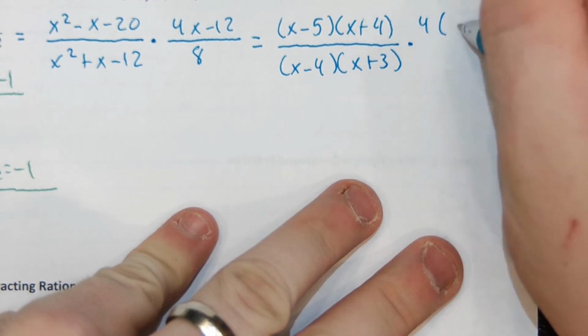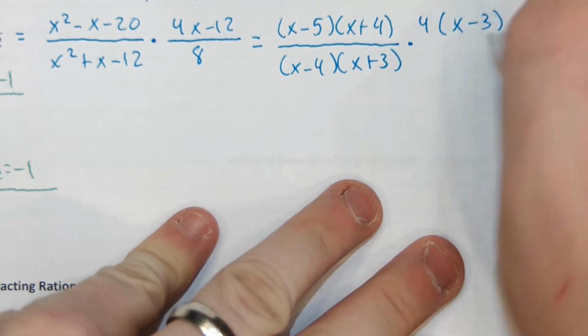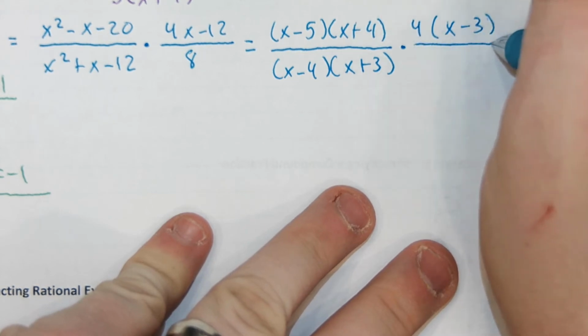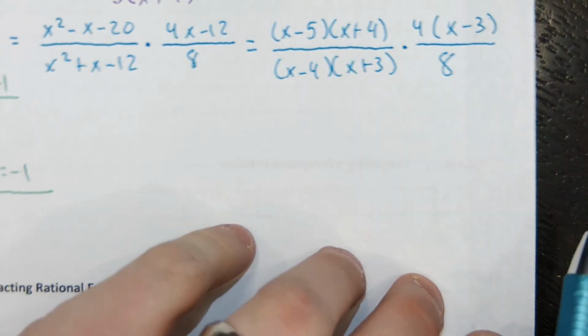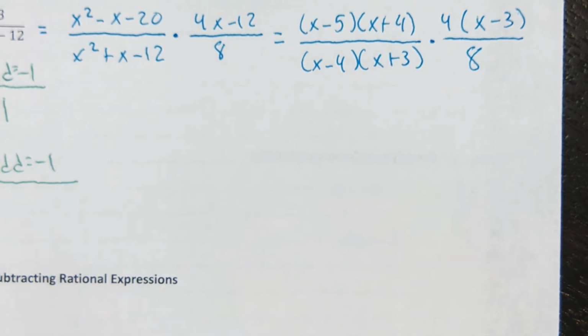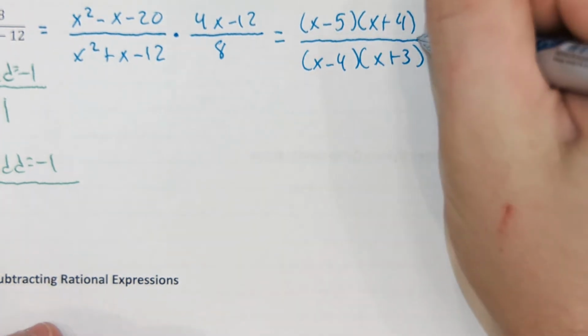It leaves behind an x minus 3, because remember, pulling a GCF is division. And on the bottom, I still have this 8. Now, just like we did before, because we are multiplying fractions, we go across the top and we go across the bottom.